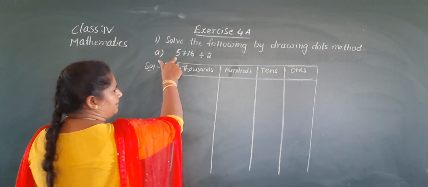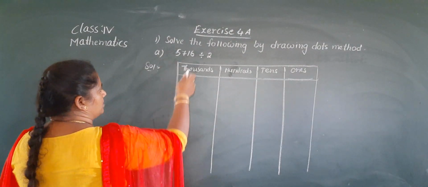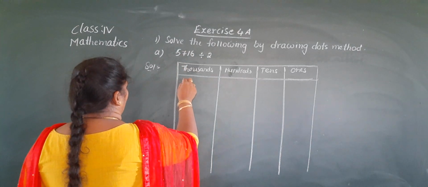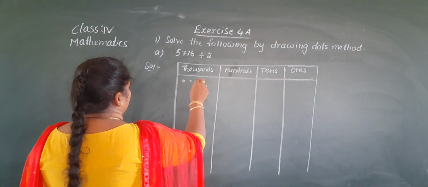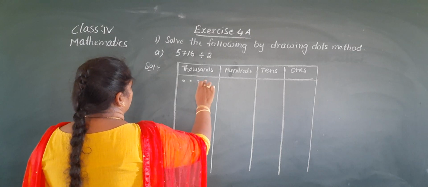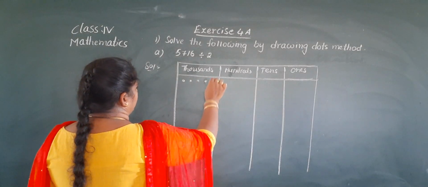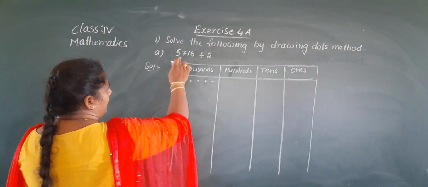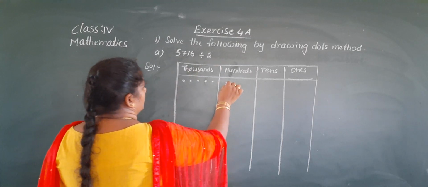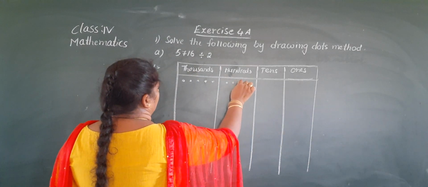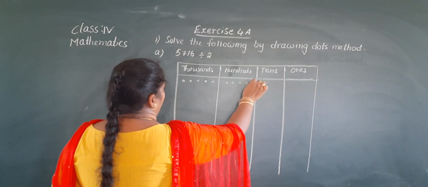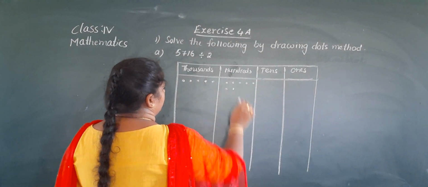How many thousands are there, children? Yes, 5,000. So make 5 dots here: 1, 2, 3, 4, 5. Next, how many hundreds? 7. So 1, 2, 3, 4, 5, 6, 7 dots.